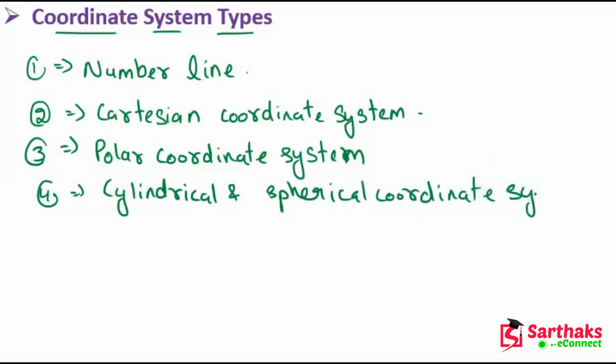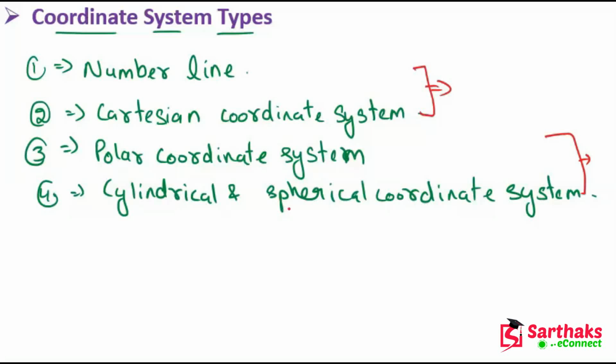But in our syllabus, we have to study only these two coordinate systems. These two are not in the syllabus for this class, but you will study them in the higher classes.